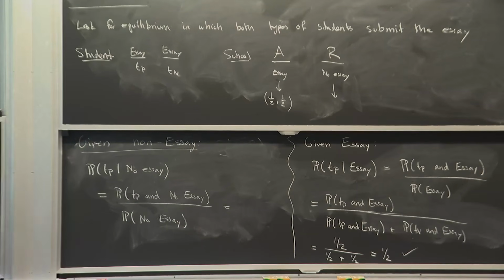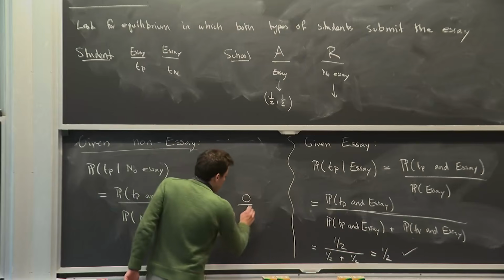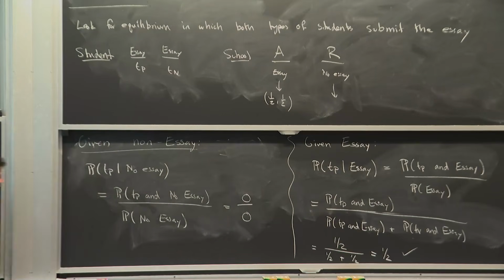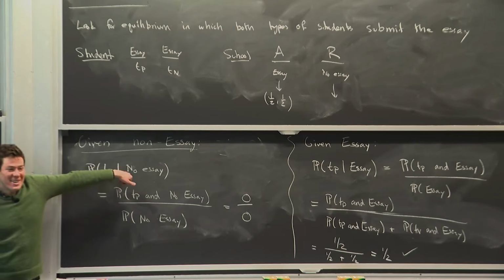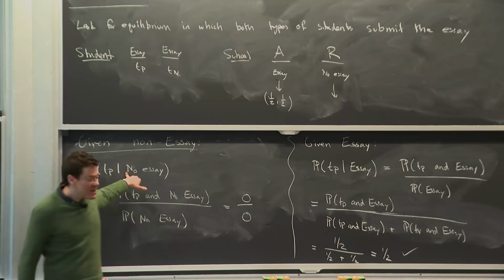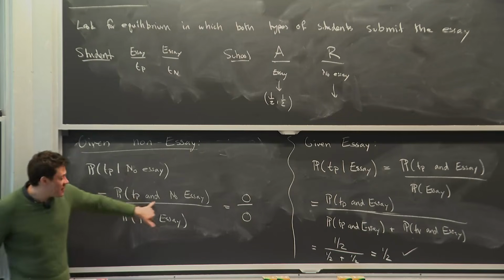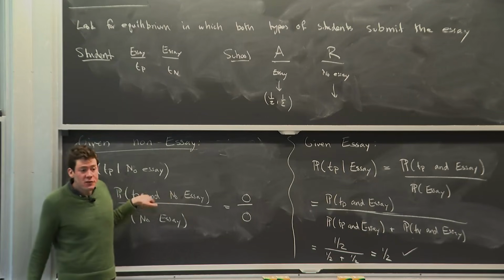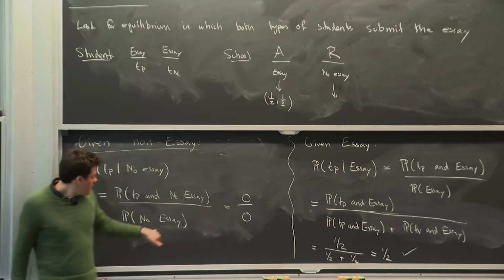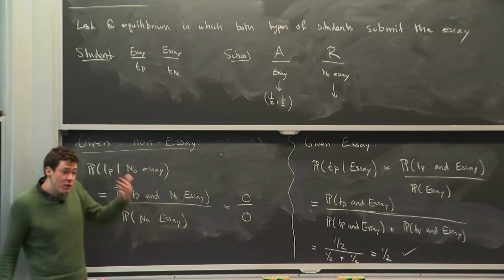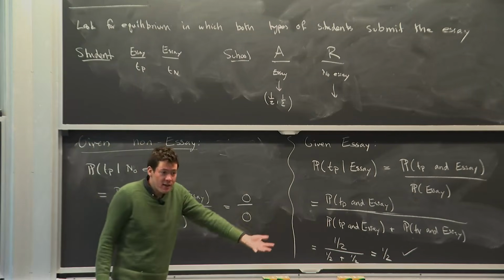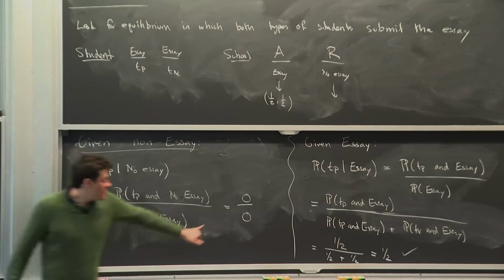This is 0/0, right? Because no one is writing no essay. Everyone is writing an essay. So the probability that you're passionate and you don't write an essay is 0. Because if you're passionate, you always write an essay. The probability that you don't submit an essay, well, if you're passionate, you always submit an essay. If you're not passionate, you always submit an essay. So we get a 0 here as well.